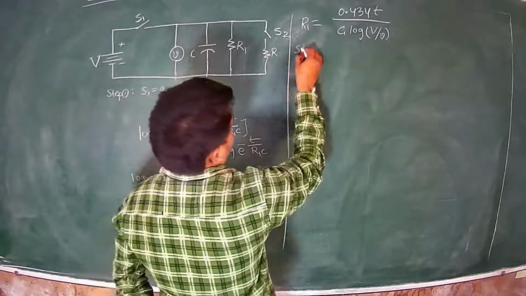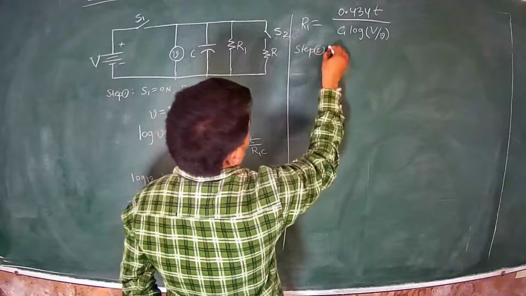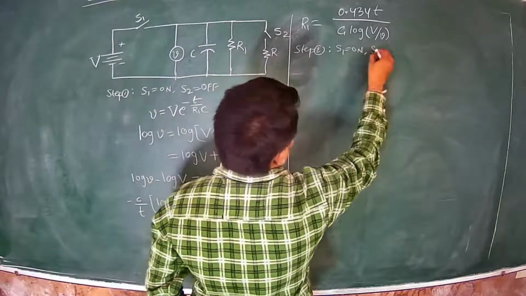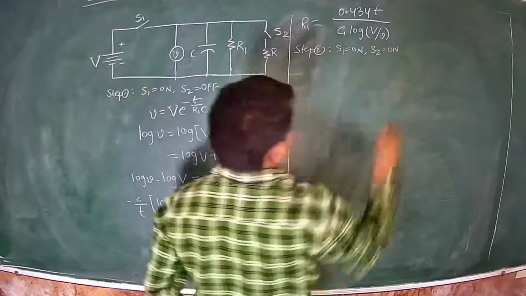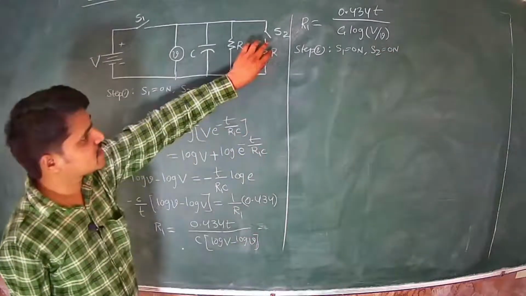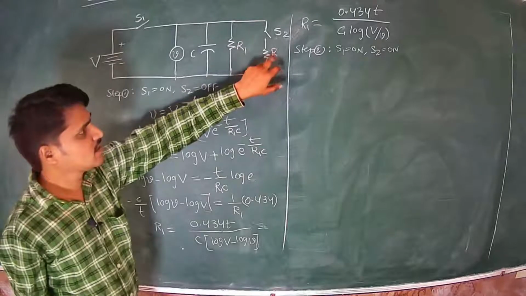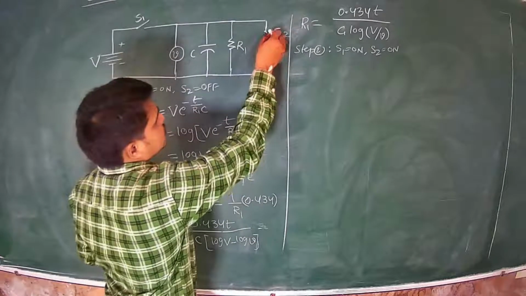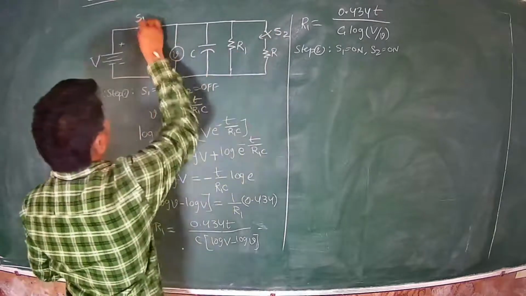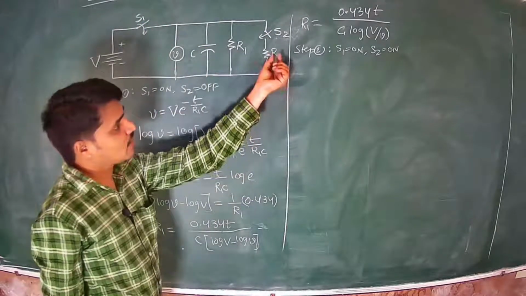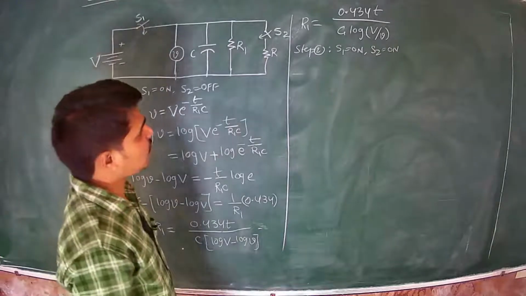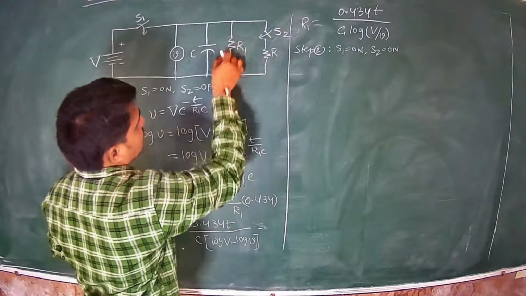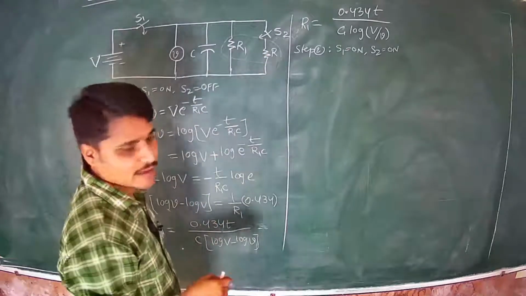Next, step 2 is, switch S1 is on and S2 is also on. So when you are going to measure this unknown resistance R, close the switch S2. Therefore our unknown resistance is connected. Now in this case, these two are in parallel, R1 and R are parallel.